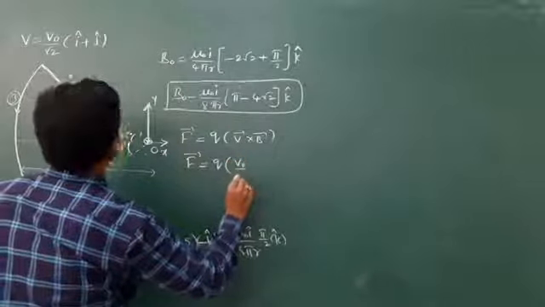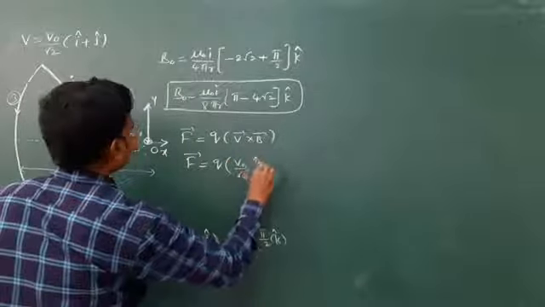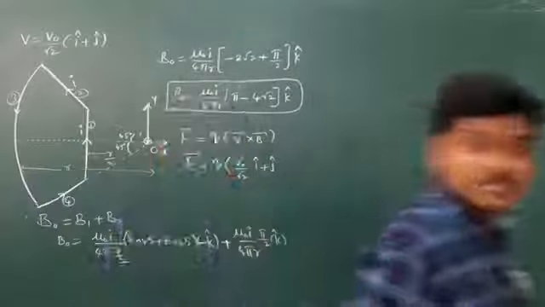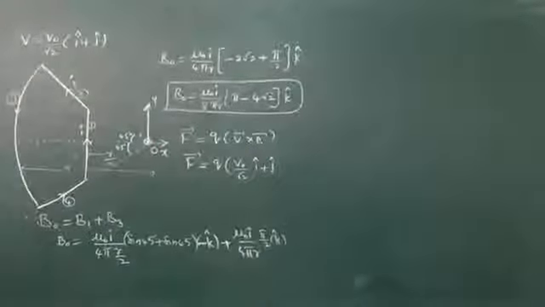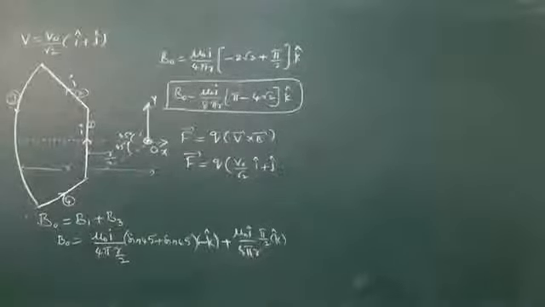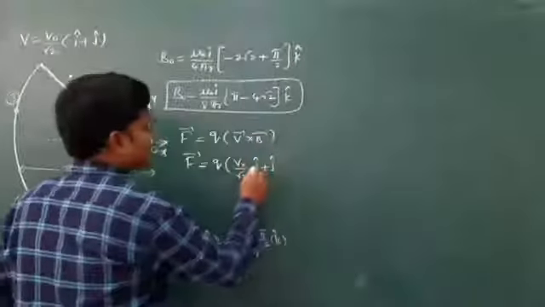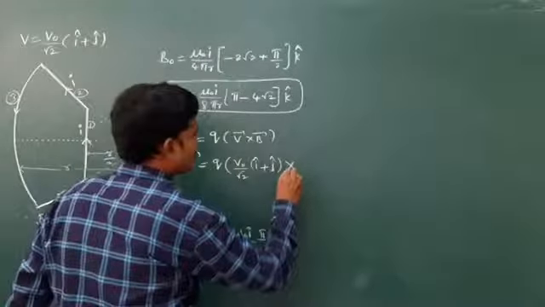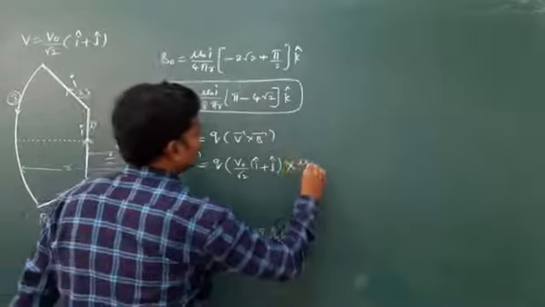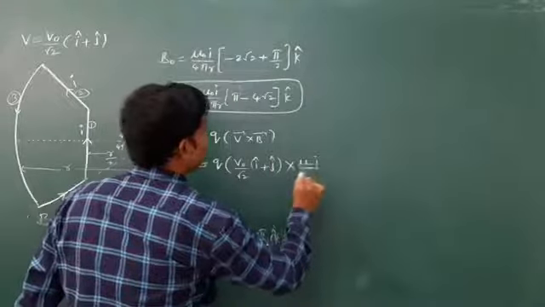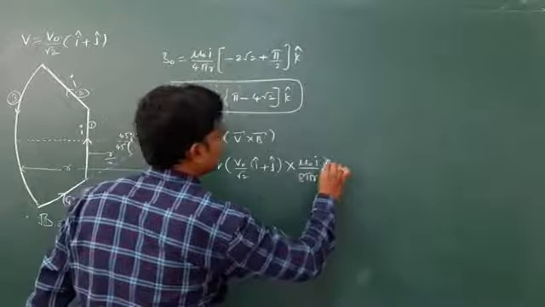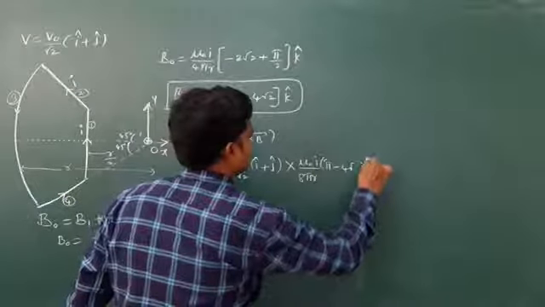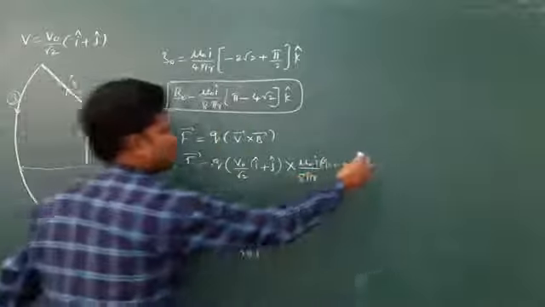V naught by root 2 (I cap plus J cap), cross B. B we got as mu naught I by 8 pi r (pi minus 4 root 2) k cap. Do the cross product of this.